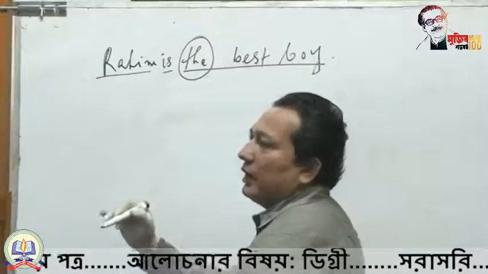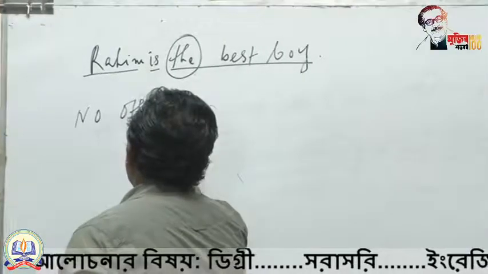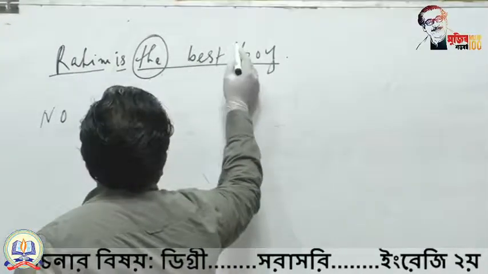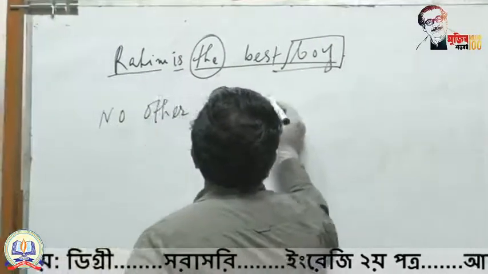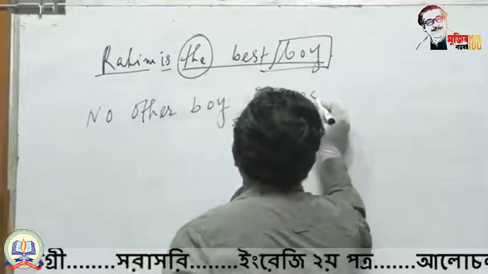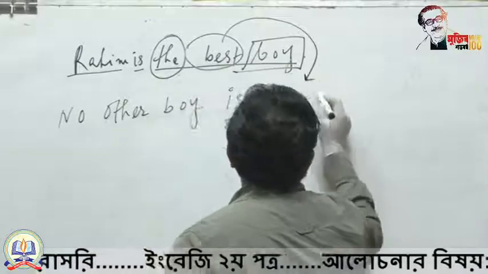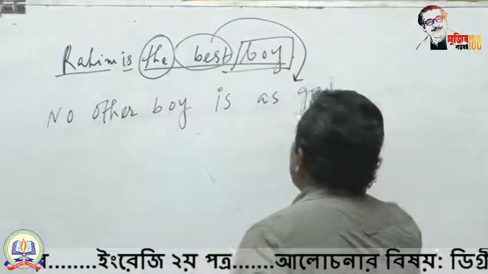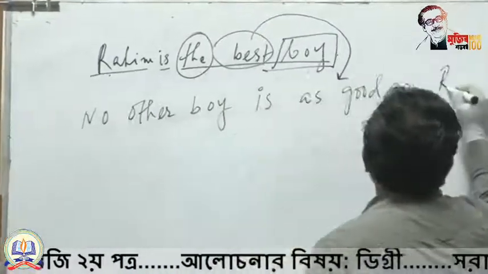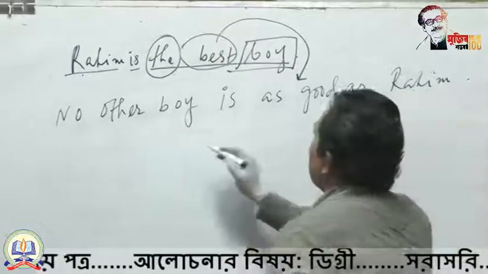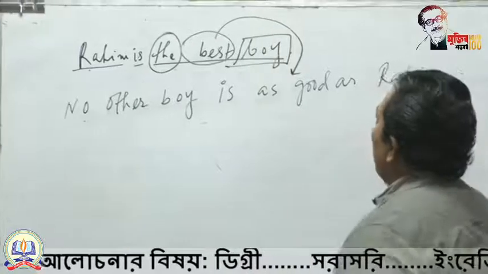That means for making the positive degree, we will use "no other." This is the extension, "no other boy." Then the verb "is," then "as." Then we have to use the positive form of this superlative form, "good." And then of course you have to use again "as," then the subject, Rohim. That means no other boy is as good as Rohim. In this way, you have to make the positive form.